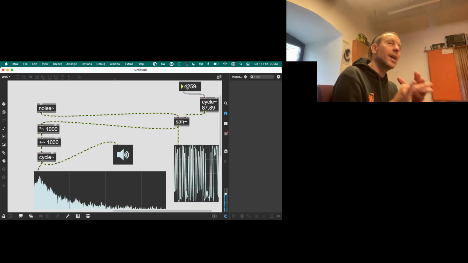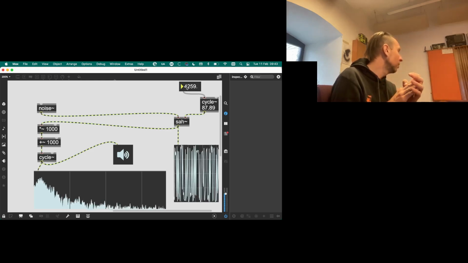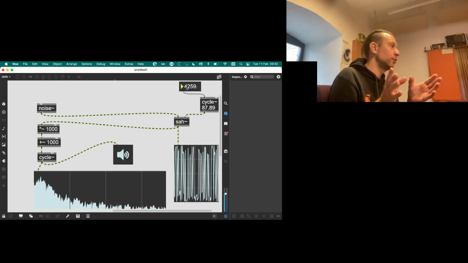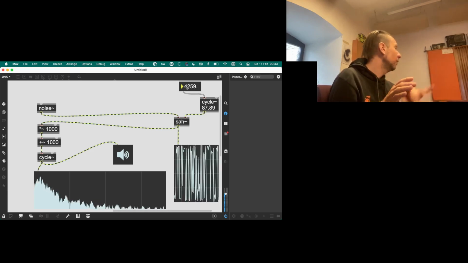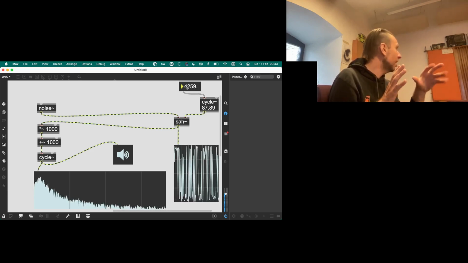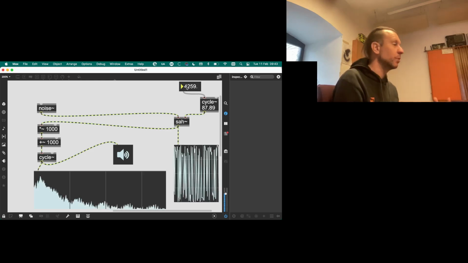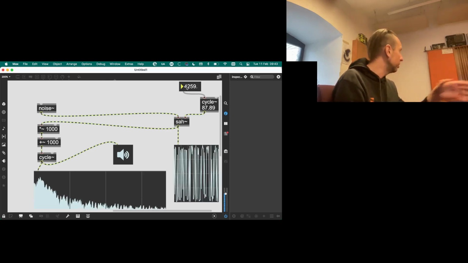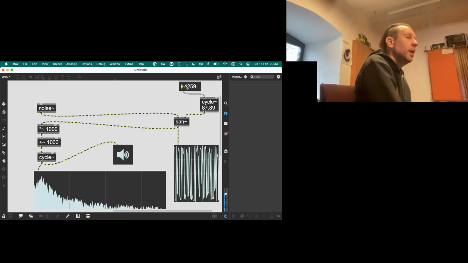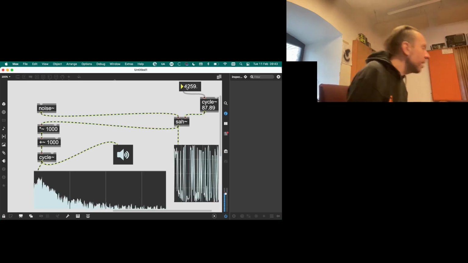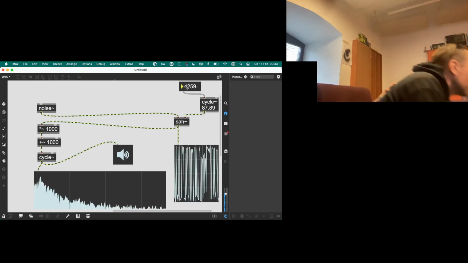Okay, so you can have this transition between just a melody-like thing into this textural sine wave thing and into a really noisy signal. And it's a continuum.